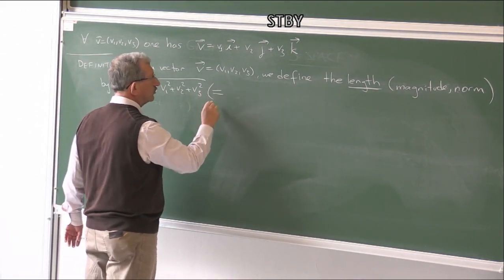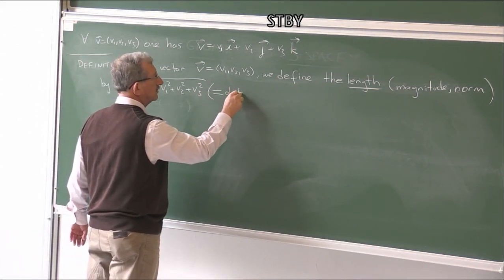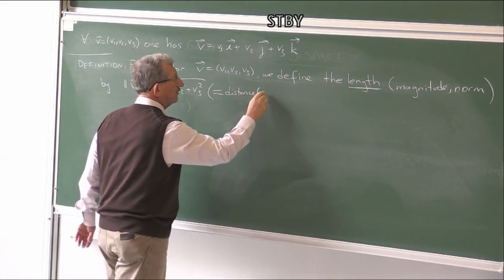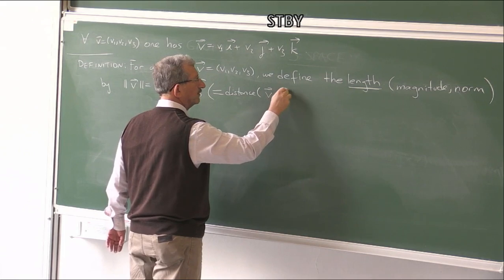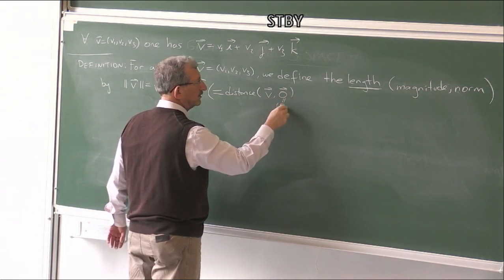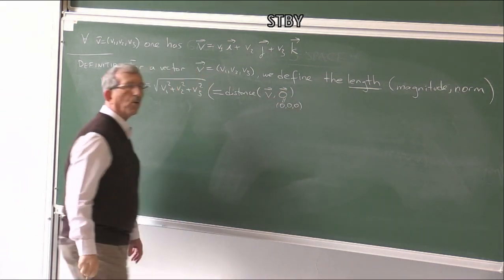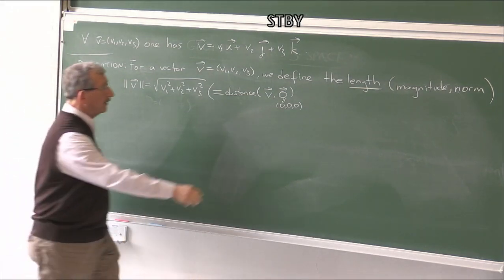Well, this, of course, is the distance between the vector v and the 0 vector. The 0 vector is the one with all zeros.